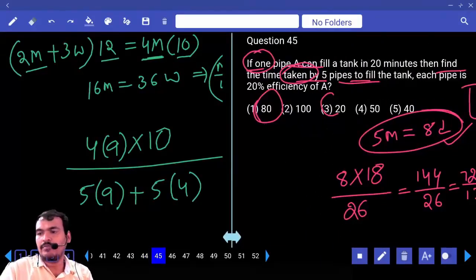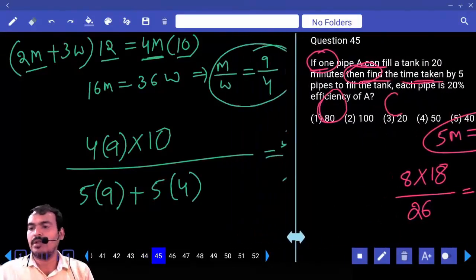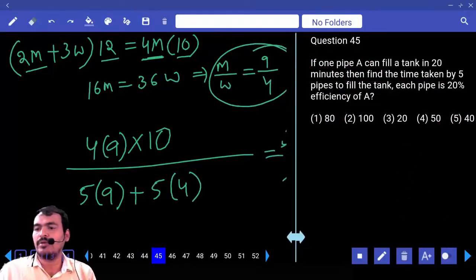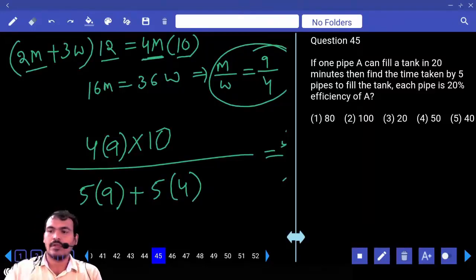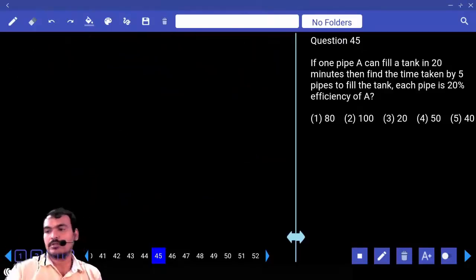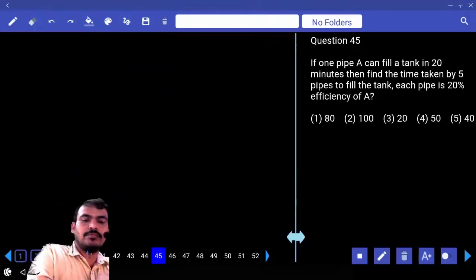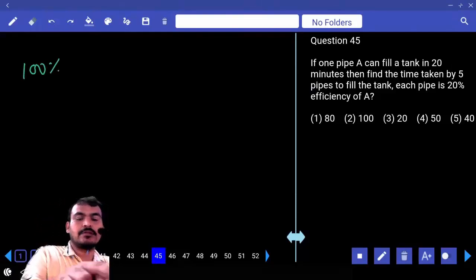Next, question number 45. One pipe A can fill a tank in 20 minutes. Find the time taken by pipes to fill the tank, each pipe being 20% of the efficiency of A. Suppose the efficiency of the A pipe is treated as 100%.